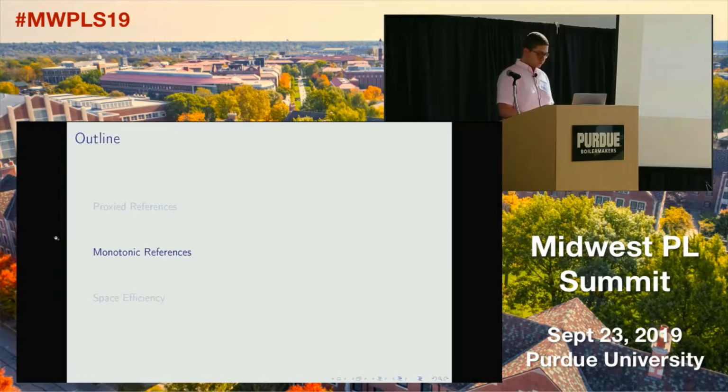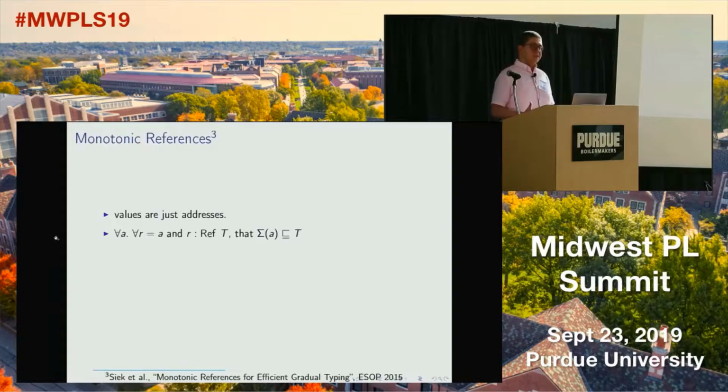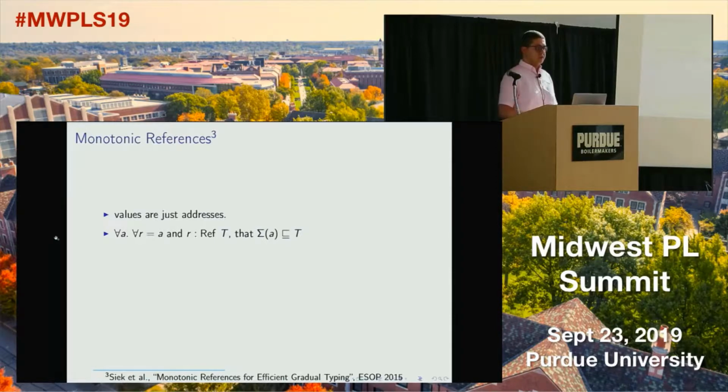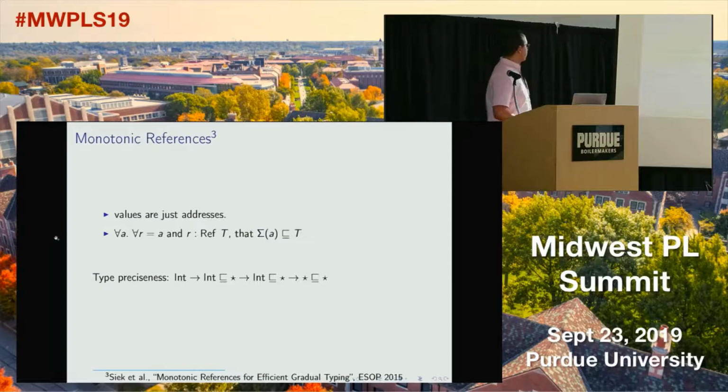So one approach to fix this is monotonic references, which make sure that the only value in there. One of the invariants of monotonic references is we make the heap more static each time we cast it, using the type preciseness relation. As you can see, this relation is transitive and it's also reflexive.